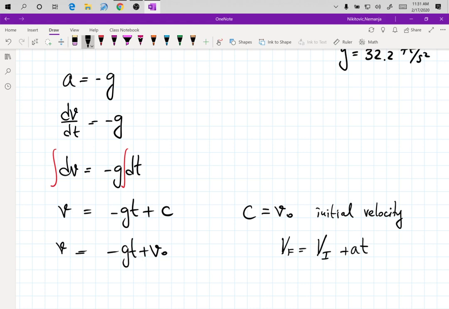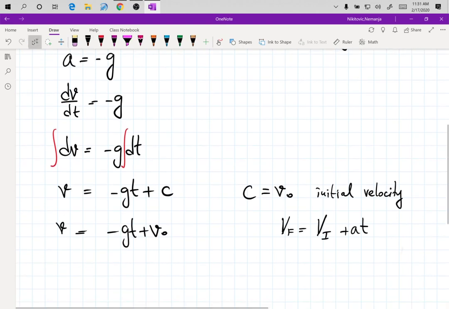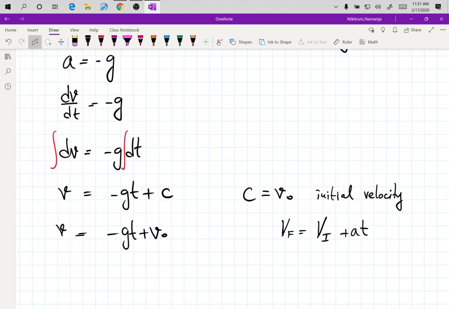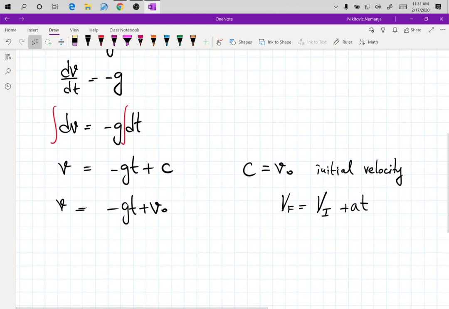You might have remembered that formula. And now your acceleration is negative g because it goes down, so you get the same equation. Some of you have velocity final and velocity initial on the same side, so you have vf minus vi, but maybe you used v0 instead of vi, whatever. But that's that formula from physics.